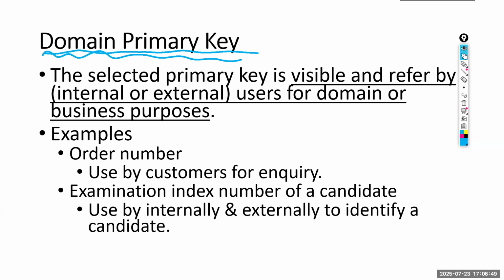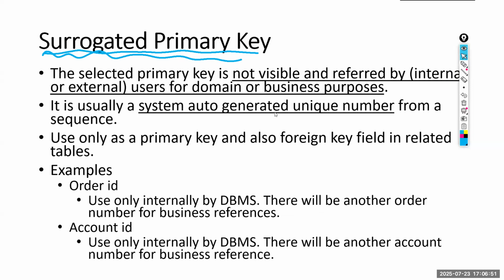Okay. Sometimes we can use a machine generated primary key in the database table. We call it auto number most of the time. And these numbers, most of the time, we don't show to the customer, but internally we use it as the primary key. And also we use it as a foreign key later on for relationships.